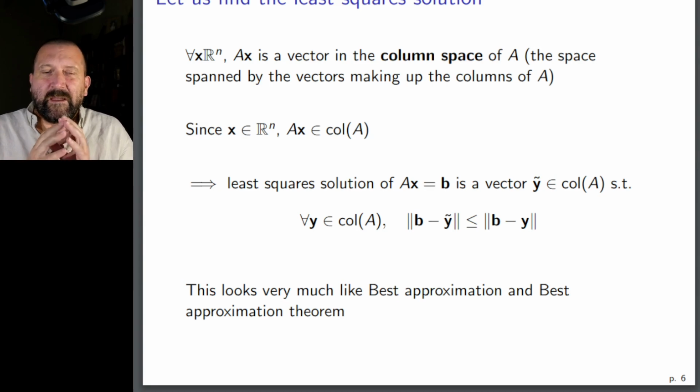So if you think of any vector x in Rn, the vector Ax, because A is a matrix multiplied by x, I get a vector, okay?